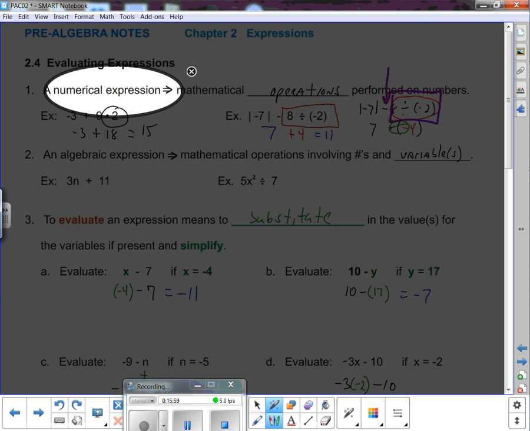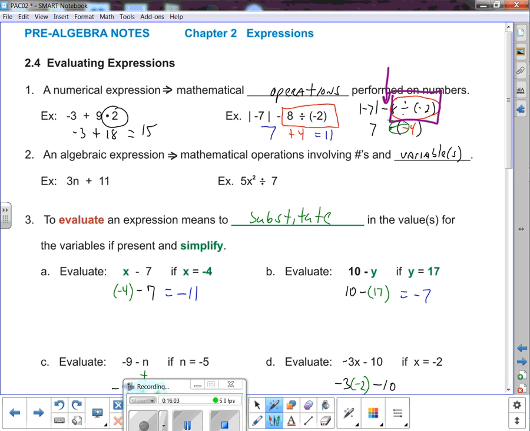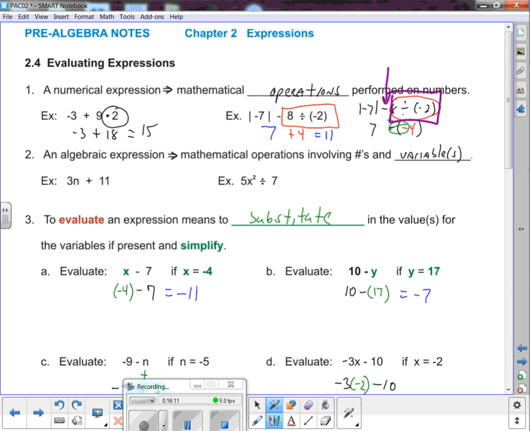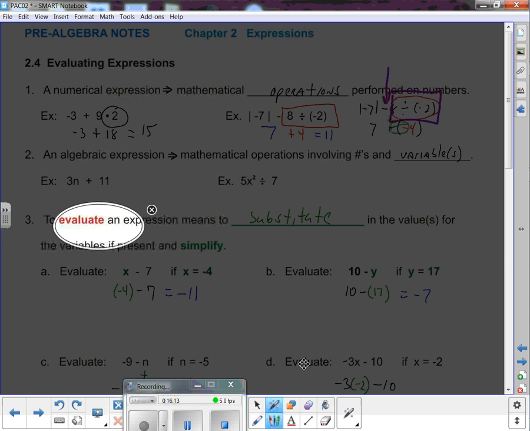Numerical expression, not a big deal. That's a bunch of numbers and operations. Algebraic expression, numbers and variables with some operations. And remember, to evaluate means sub in the values and simplify the answer.